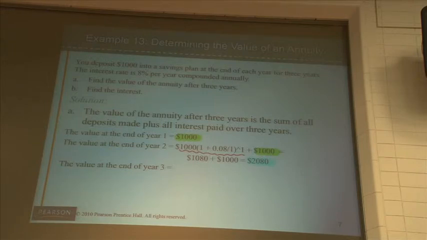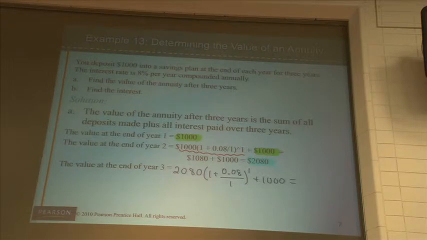Now we move into year 3. First you have to have the interest that you earned off of the deposits from the previous 2 years. So we've got our $2,080 times 1 plus our interest rate, which was 0.08, over 1 to the first power, since we are compounding once a year. But then remember, you also add the deposit, the value at the end of that year. So you have interest earned off of the previous 2 years plus the $1,000 that you deposited at the end of this year.